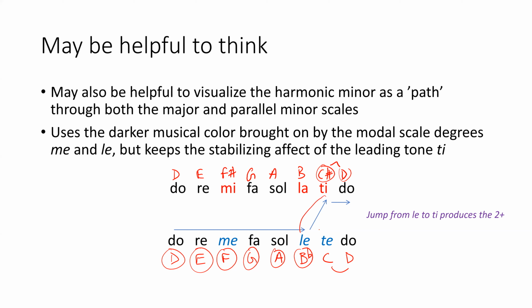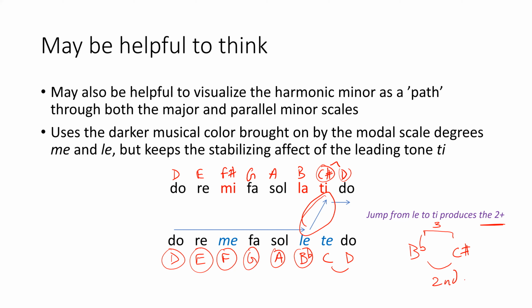So here's the issue, though. That augmented second between the B flat and the C sharp. If you chart it out on a piano or a note garden, you'll discover that although it looks like a step because they're two letters away, so it's a second, there are actually 3 half steps in that distance, making it sound like a minor third.